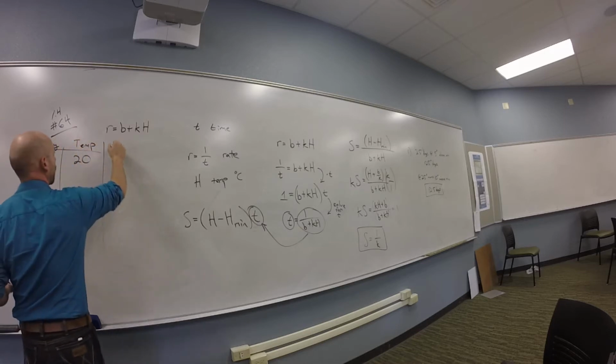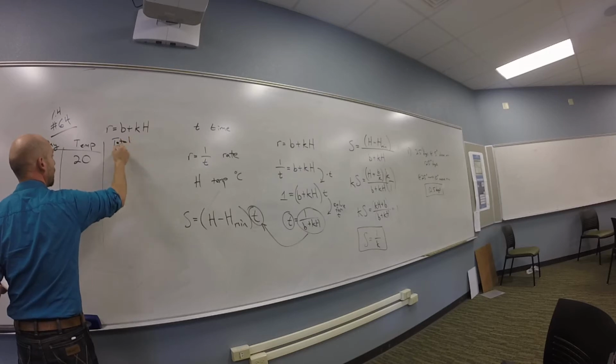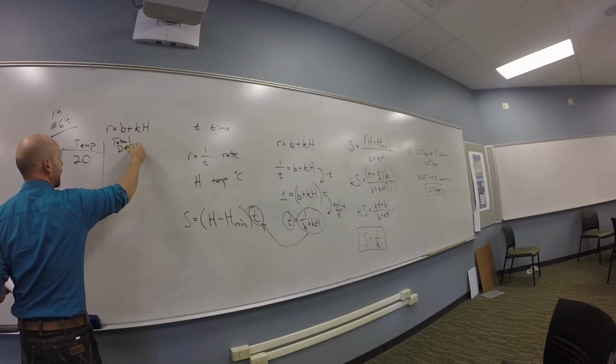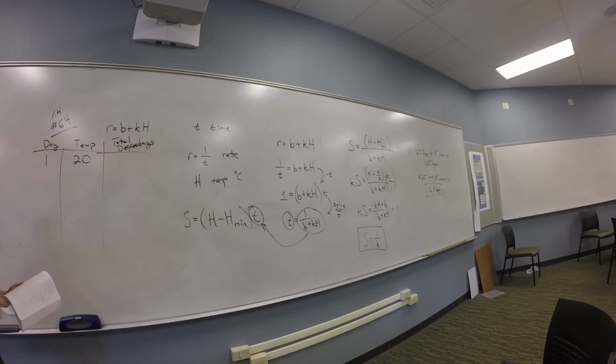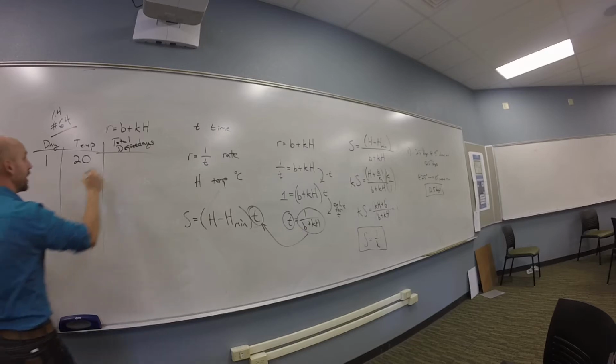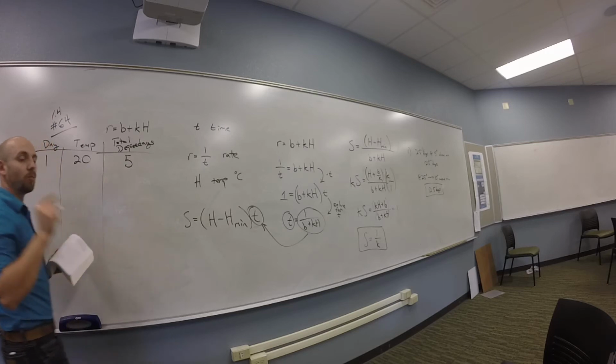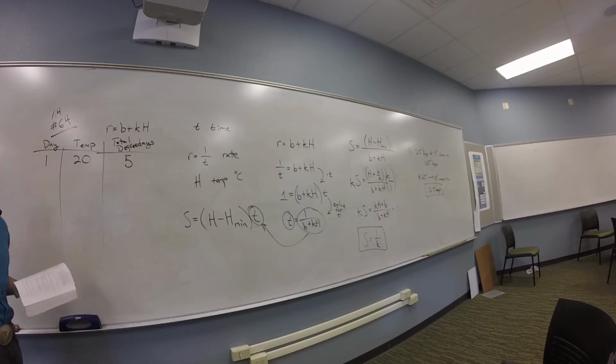And I'm going to make another column over here, which is total degree days. Right, like just, what's the total so far? So in one day at 20 degrees, how many degree days has this thing accumulated? 5. Yeah, it's made 5 total degree days because it had 1 day at 5 degrees above its minimum. Like it earned a total of 5 points towards maturity or whatever.